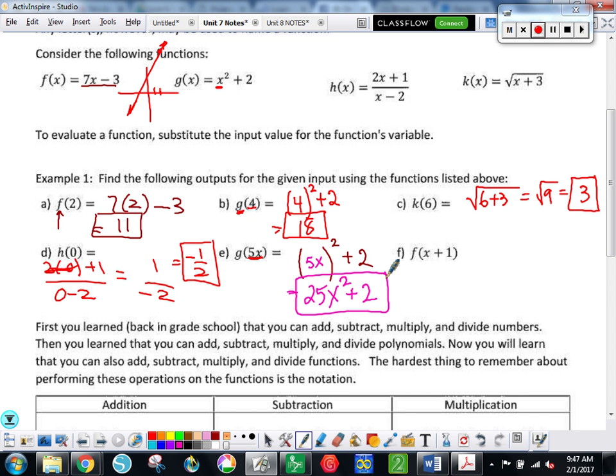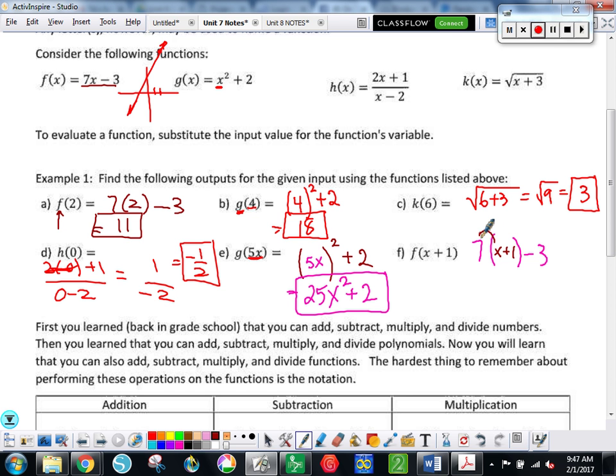Alright, last one. The f function. We go to the f function, 7 times x minus 3. But everywhere there's an x, what do you put? An x plus 1. So we are completely replacing, it's like a substitution, one variable for the other. Now what?